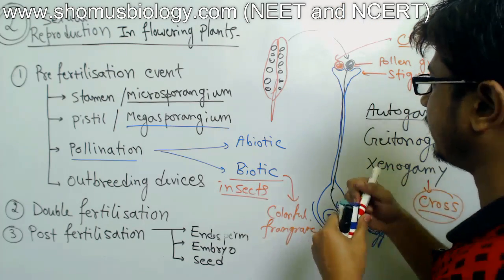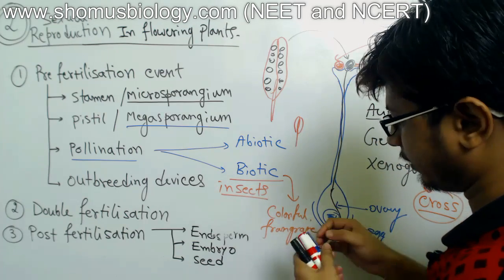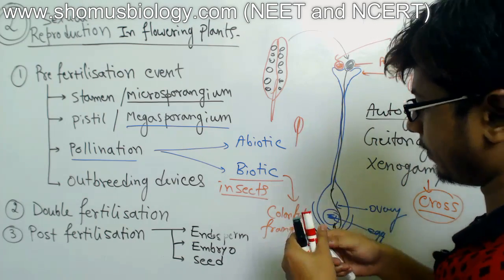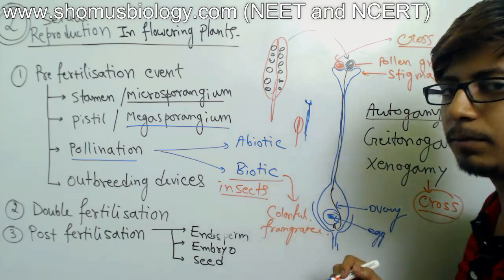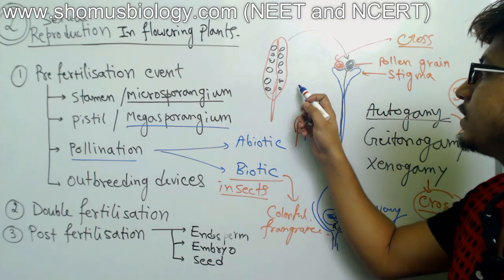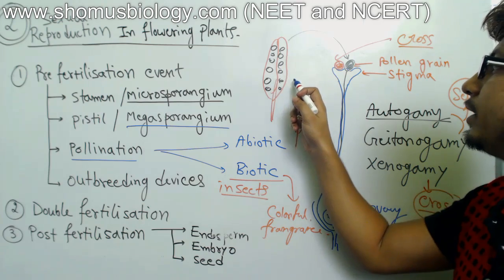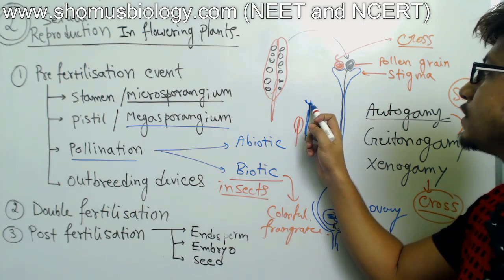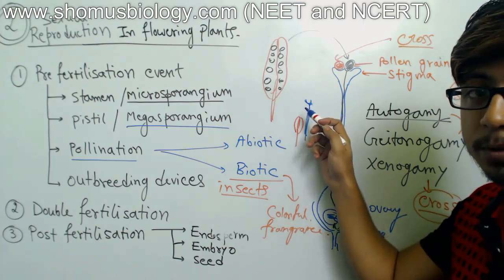Try to assume this idea that this is the pollen, this is the anther, and this is the whole stamen, and this is the stigma placed on top. Then what will happen? If the stamen is present on top, then it's very easy for the pollen grain to drop on the surface of the stigma. But if there are differences in their height, it's not always possible.